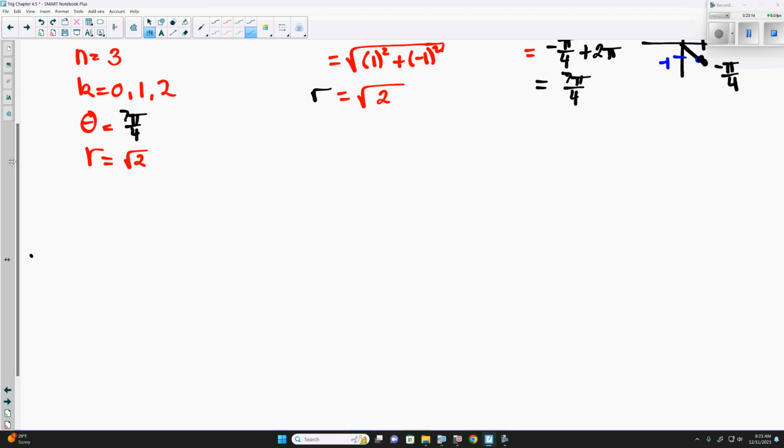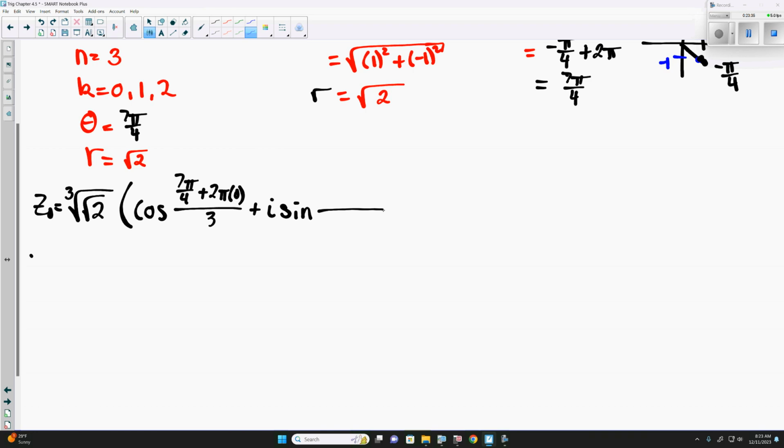And now we can set the first one up. z sub 0 is equal to the nth root of r, so it's going to be the cubed root of the square root of 2 times cosine of (7 pi over 4 plus 2 pi times 0) over 3, plus i sine of (7 pi over 4 plus 2 pi times 0) over 3.